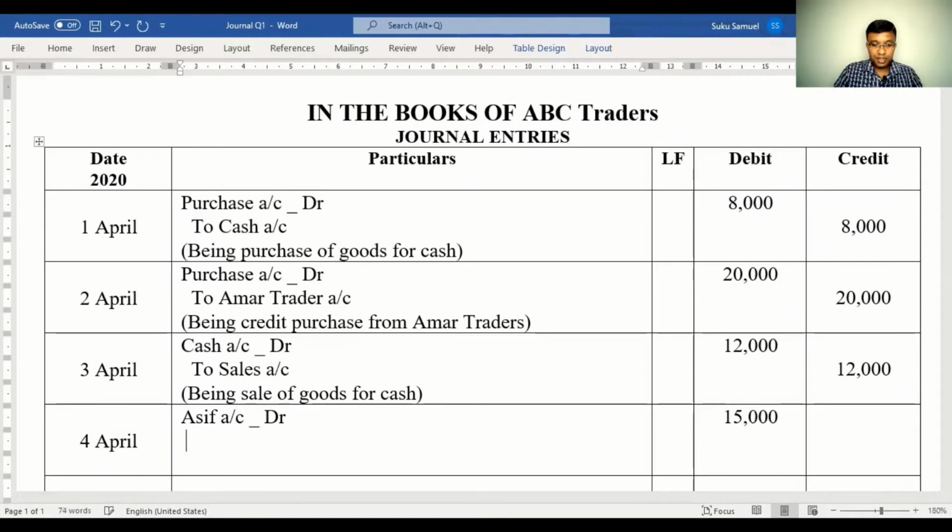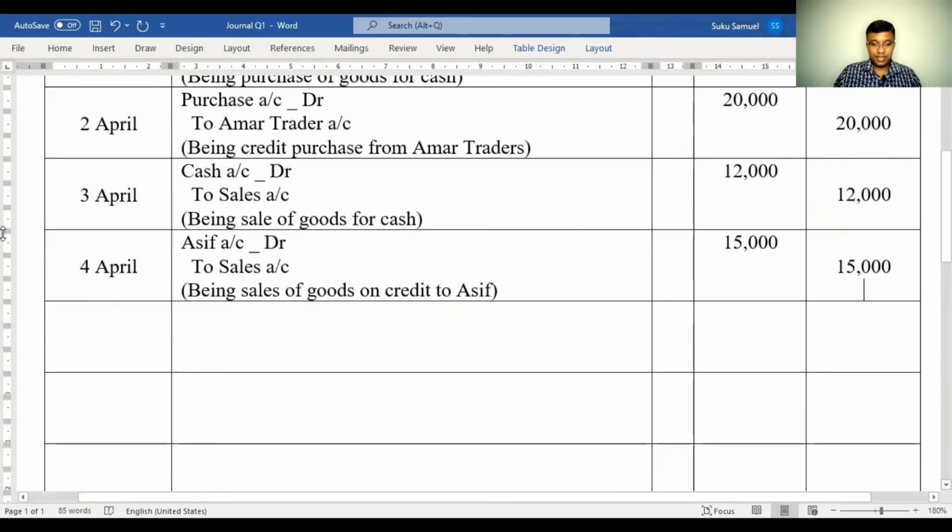And you will be crediting sales account. So to sales account, amount is 15,000, being sale of goods on credit to Asif. So the fourth transaction we have completed.